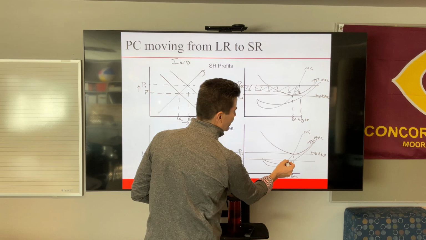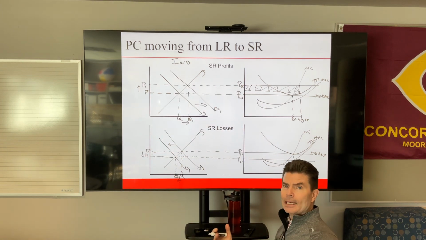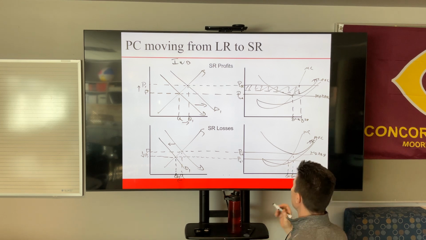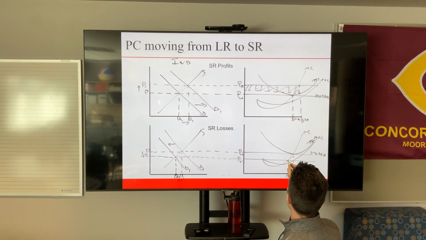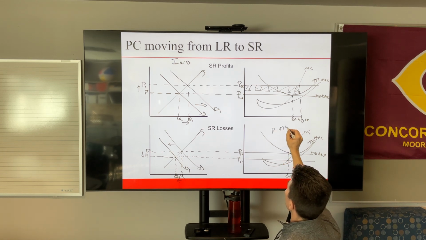But now I have all these firms losing money, and in the problem they would probably ask you to shade in the loss, and they shade in the profit. So I have to go straight up to that ATC. Remember that profit is the difference between price and ATC.